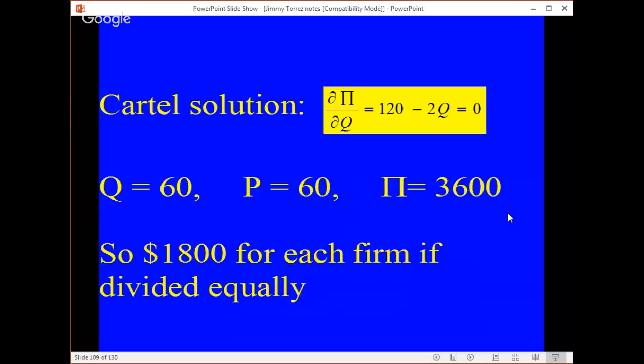Solve for Q, I get a Q of 60. I plug that Q back into my inverse demand function, I get a price of also 60, and my profit is 3,600. I'm assuming the firms are equal size, so we split it right down the middle, and each firm gets 1,800 each, acting like a monopoly.